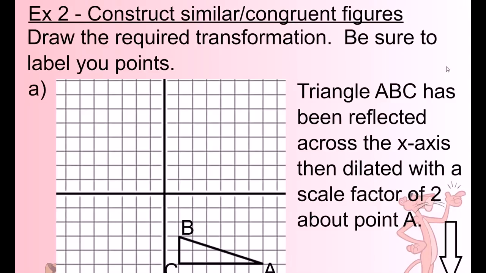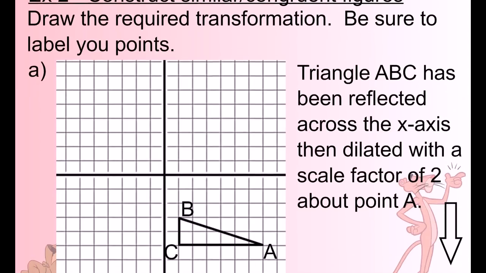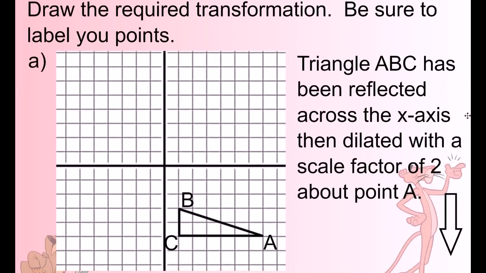Triangle ABC has been reflected across the x-axis, then dilated with a scale factor of 2 about point A. All right, so we need to make that figure.